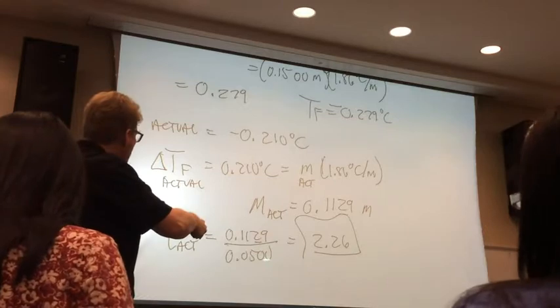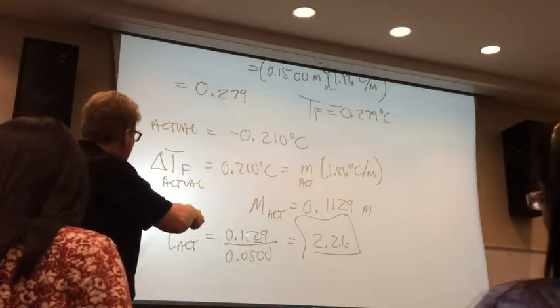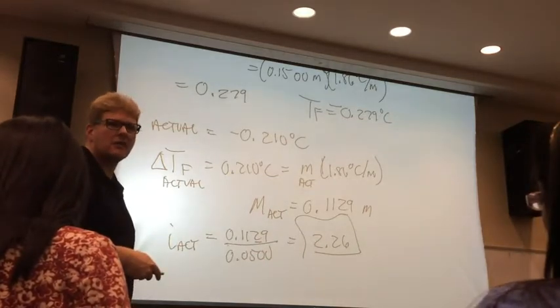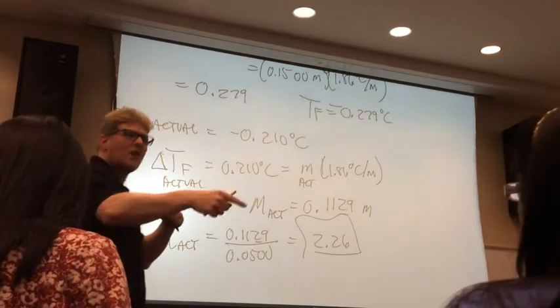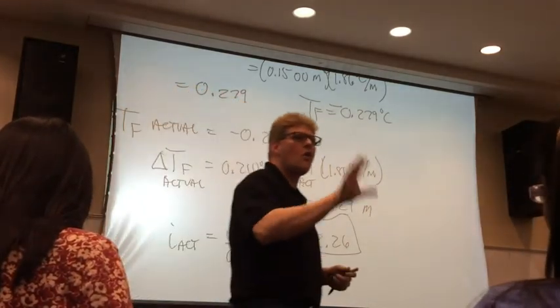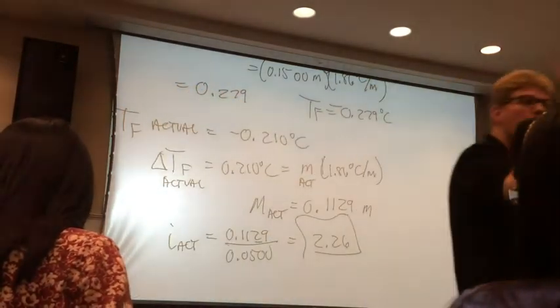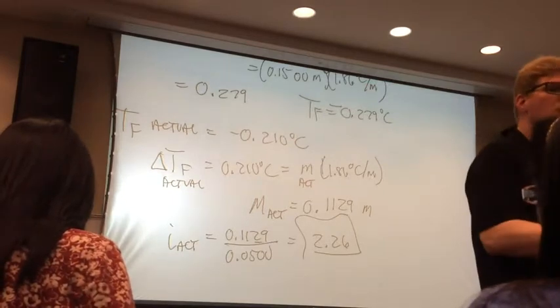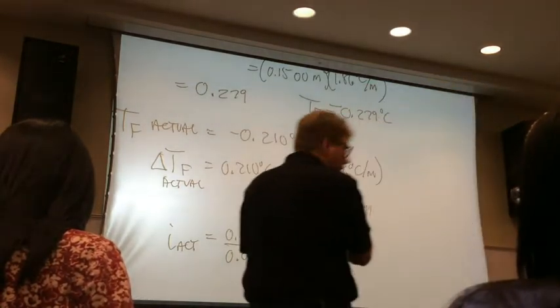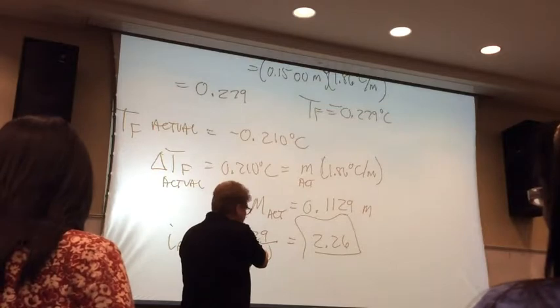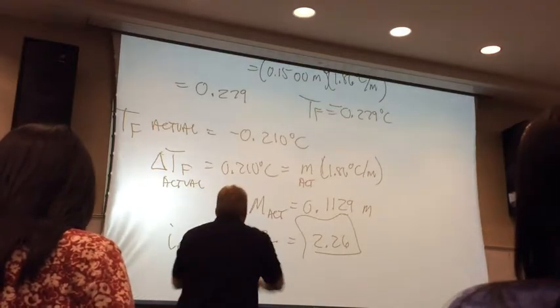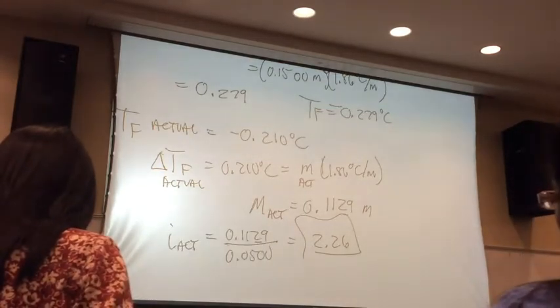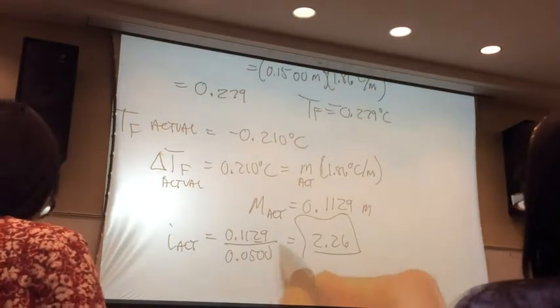So the actual concentration would be this divided by the Van Hoff factor, which was what we did. We wanted to know what was the concentration of sodium chloride that we made. So we were solving for this number right here. So just rearrange this. You cross multiply, right?